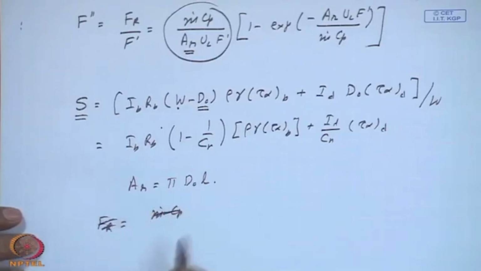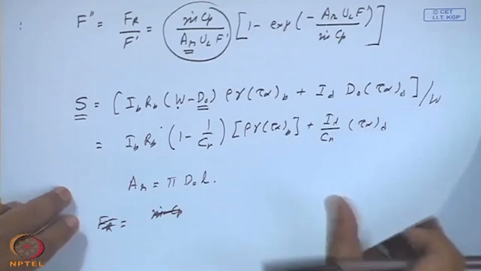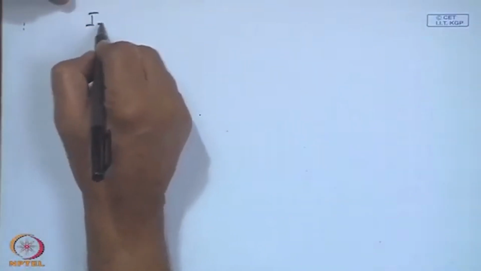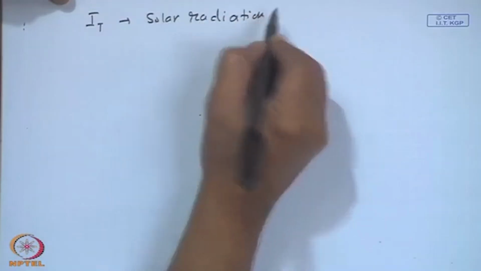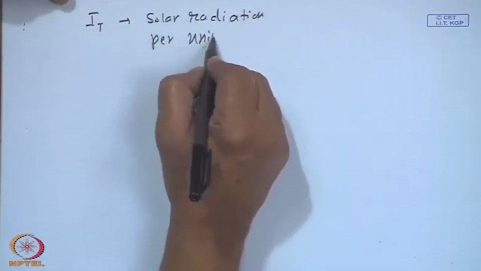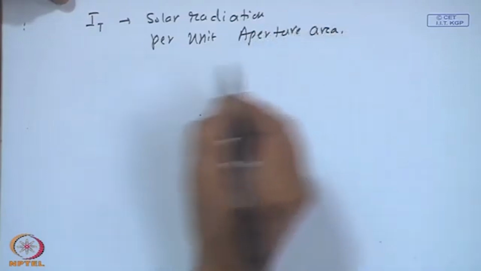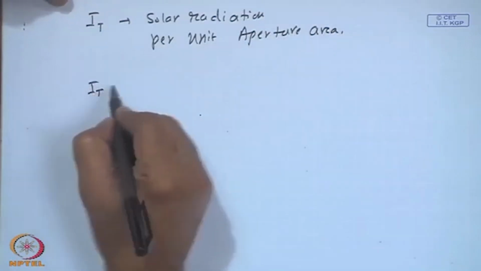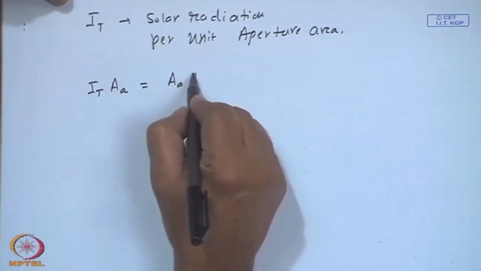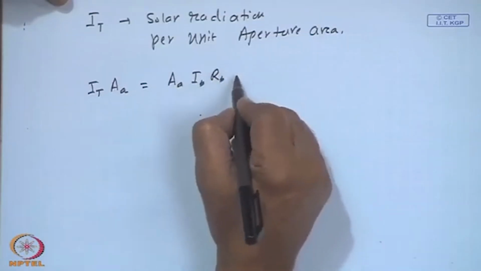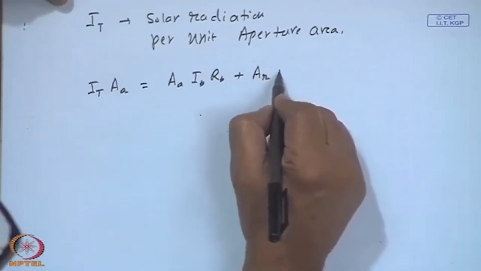So, if IT is the solar radiation per unit aperture area, then IT times AA should be equal to the aperture area times the direct component IBRB, plus the receiver area AR times the diffuse component.